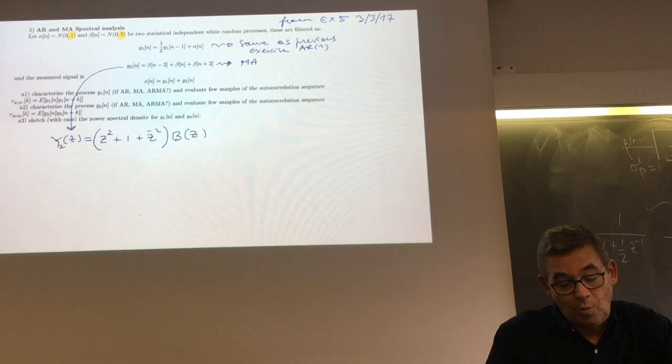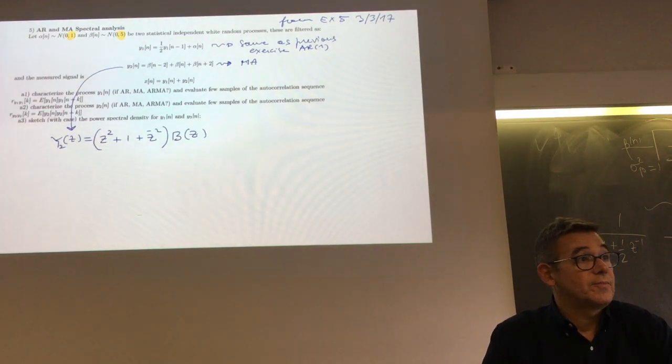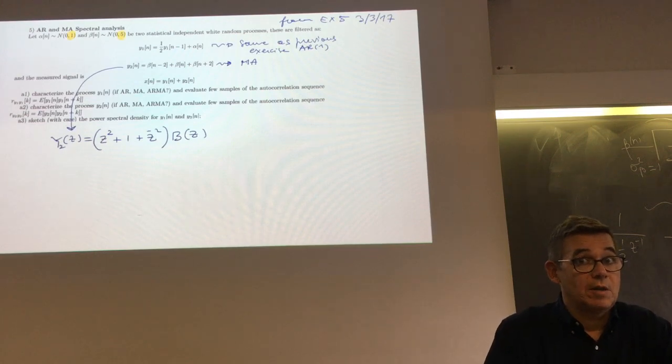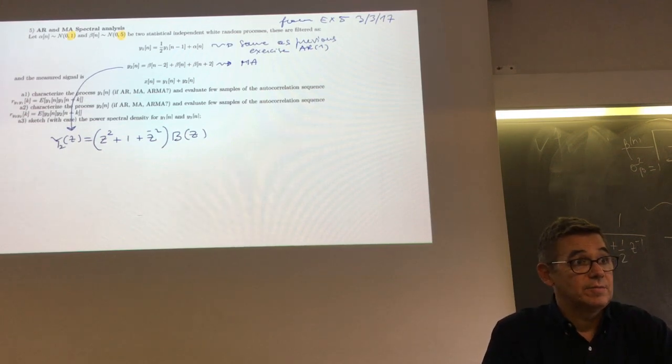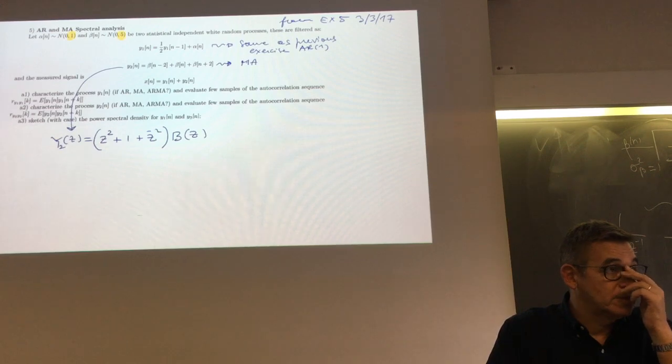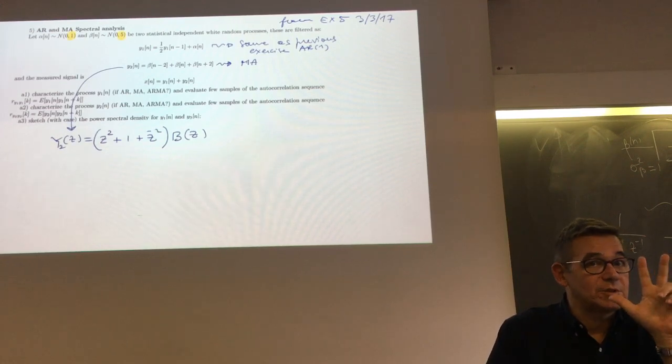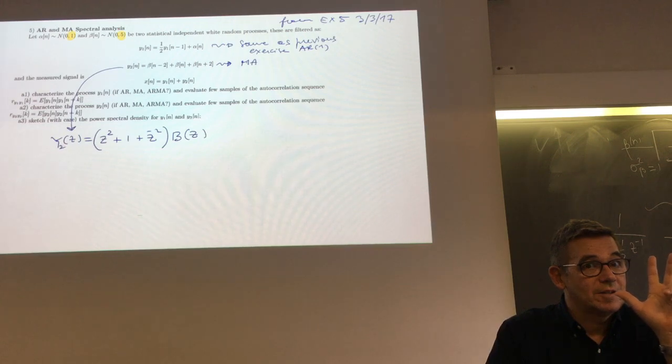What moving average is this? I have z to the power 2 plus 1 plus z to the power minus 2. So the sequence is 3 samples, right? No, 5 samples.